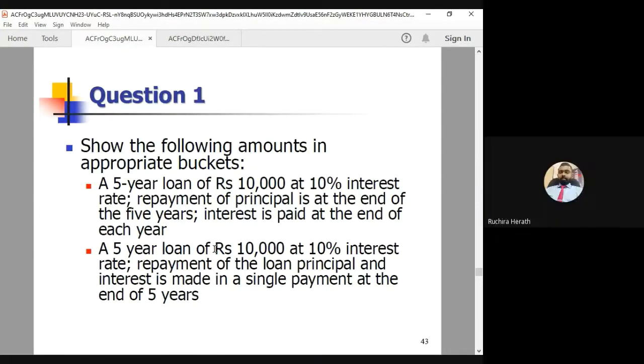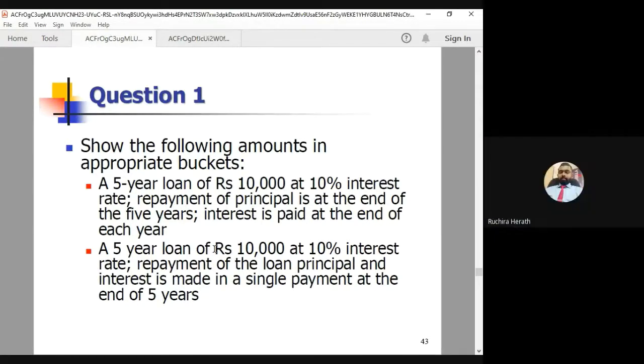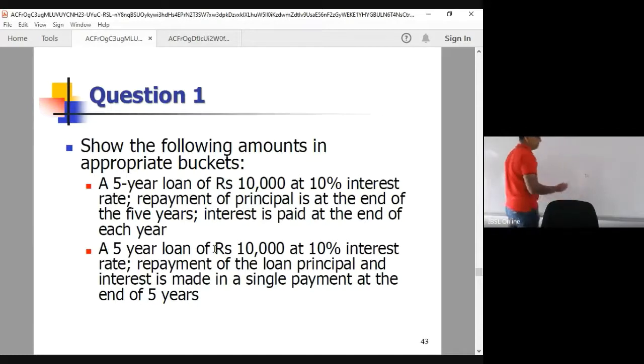So again, the principal is here. Can you see the board? Yes. Okay, so the principal stays here. What about interest? Where is interest coming?